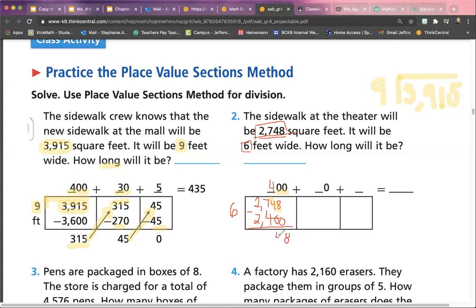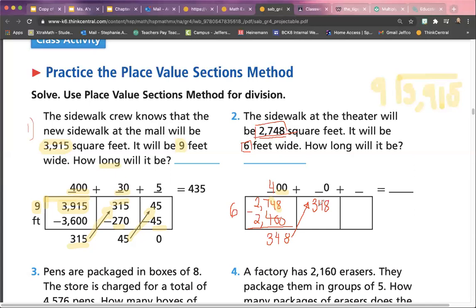And what is 7 minus 4? 7 minus 4 is 3. Yes, ma'am. And then 2 minus 2 is 0, but again, we don't put anything there, right? So now we take whatever's left from our hundreds place and we bring it over to our tens place. So now I have 348.